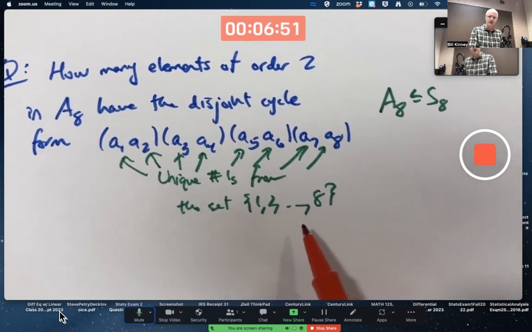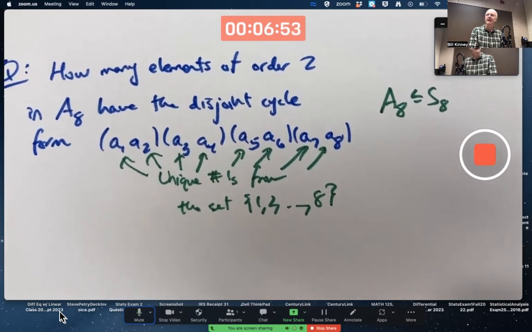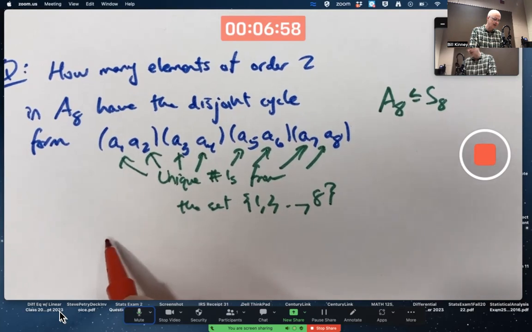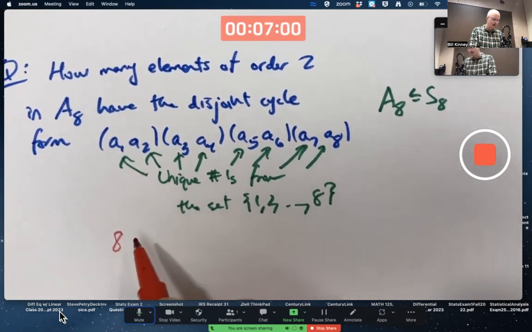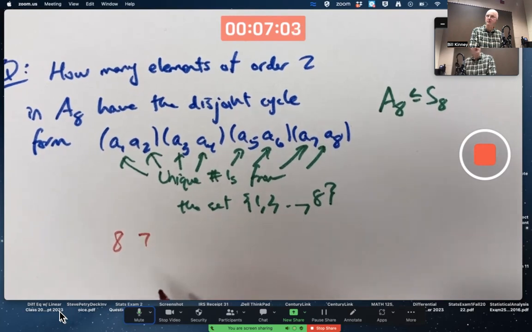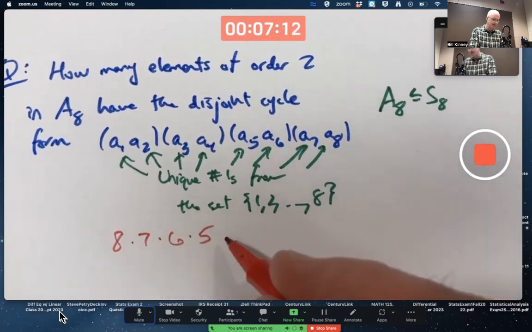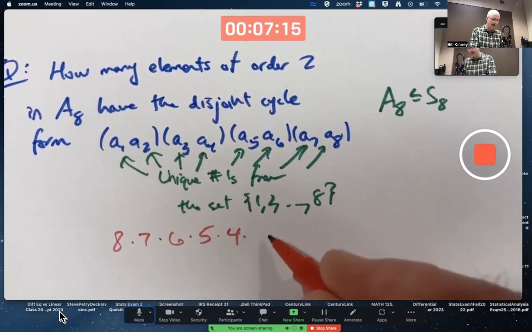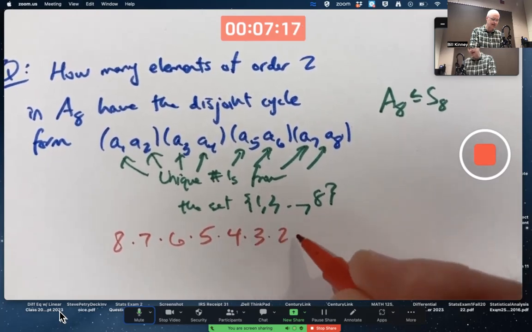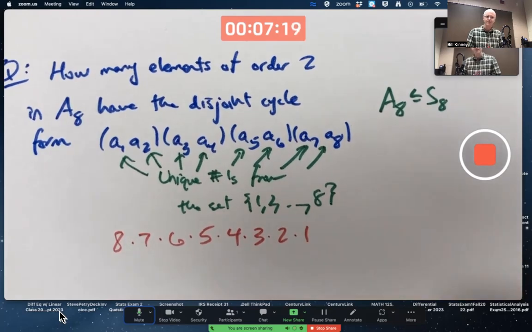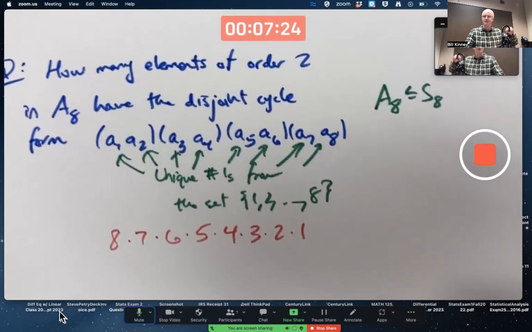We've got 8 numbers here to put in these spots A1 through A8. Initially, you could say, well, I've got 8 choices for A1, 7 choices for A2 because I've already used 1 choice, 6 choices for A3, 5 choices for A4, 4 choices for A5, 3 for A6, 2 for A7, and 1 for A8. So the initial thought is, because of that, maybe the answer is 8 factorial.